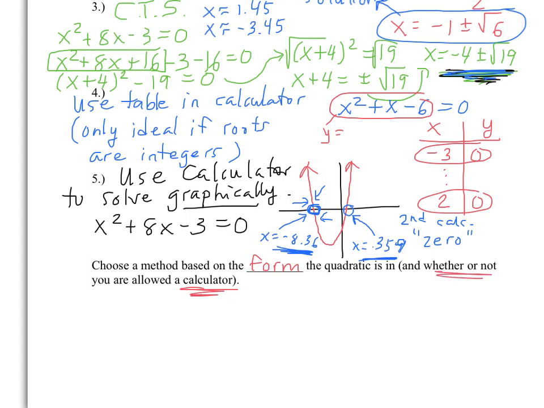Guys, if you are allowed to use a calculator, you should be using technique number 5 every single time. Unless they tell you have to do it algebraically, it's the easiest one to do. If they say you have to find exact roots, well, then you're going to have to use an algebraic technique. But if it just says to solve and you're allowed to round to 3 sig figs, you want to use the graphical technique.